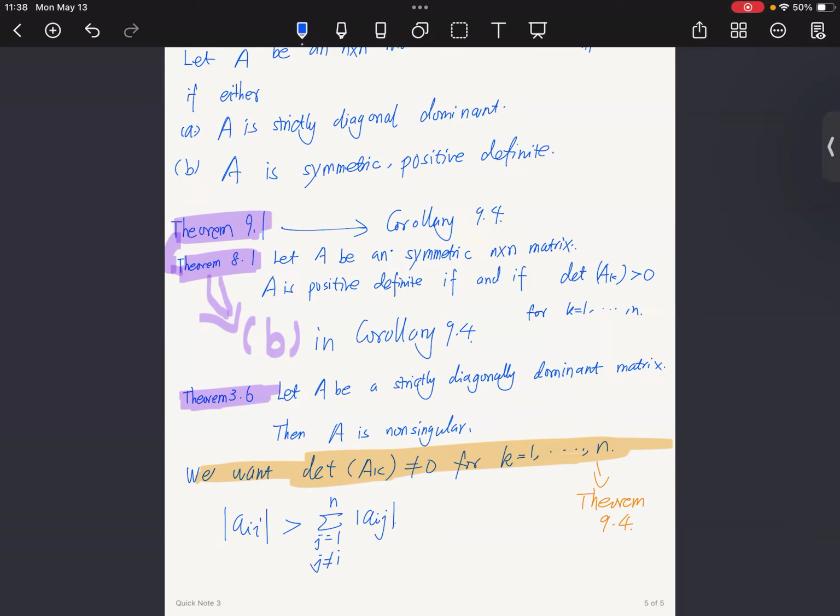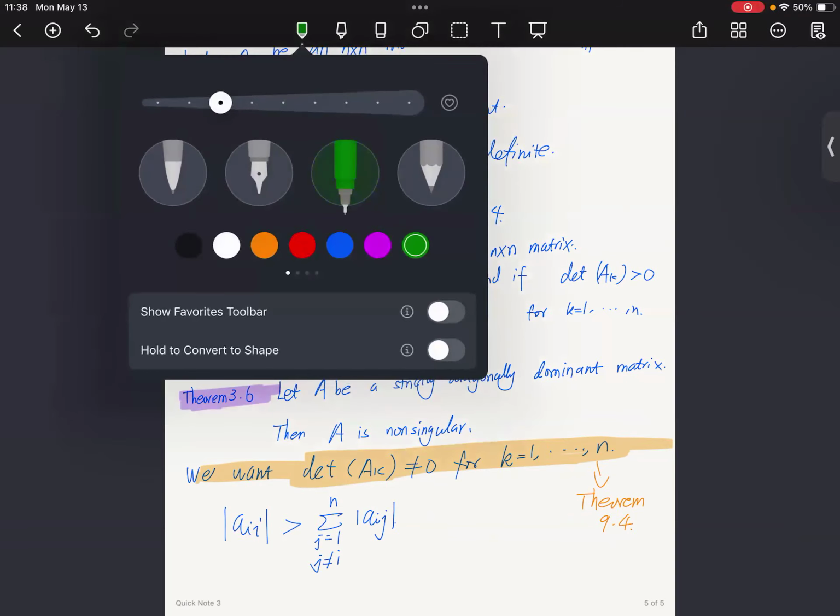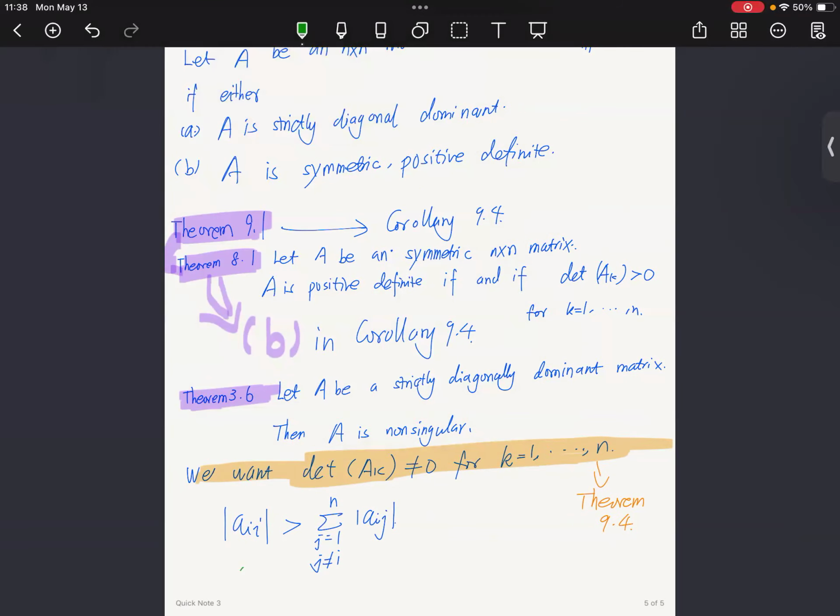So if you just focus on the submatrix, for example, let's focus on A_k, this leading principal matrix. Is this A_k a strictly diagonally dominant matrix?